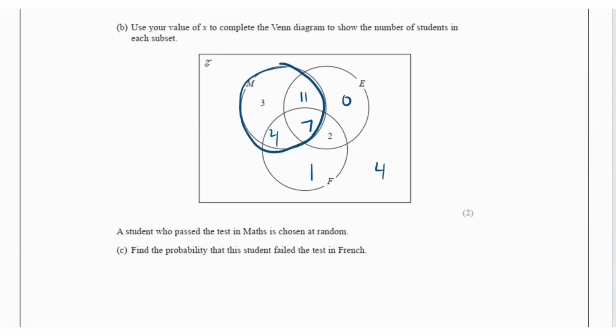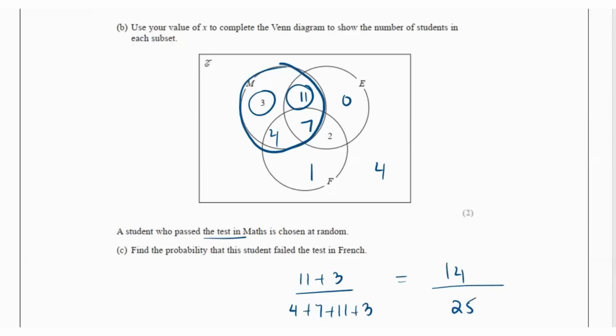That's going to be 11 plus 3, because 4 and 7 did pass the French test, so it cannot be these people. So it has to be the 3 and 11. So 11 plus 3 over the sum of 4 plus 7 plus 11 plus 3, because we're taking that out of the maths set. So that's 14 out of 25.